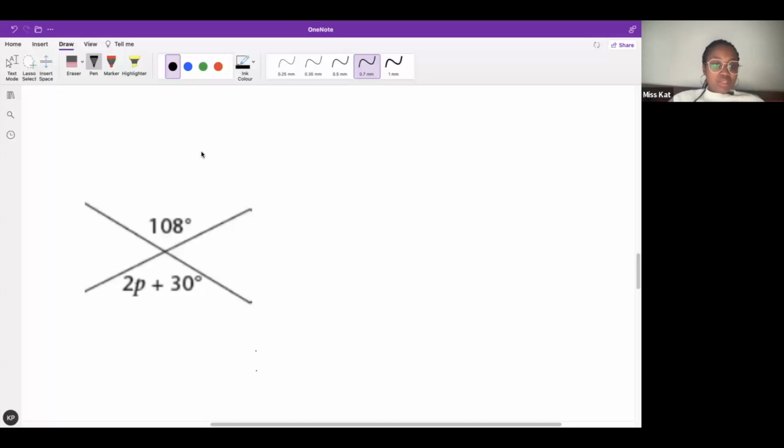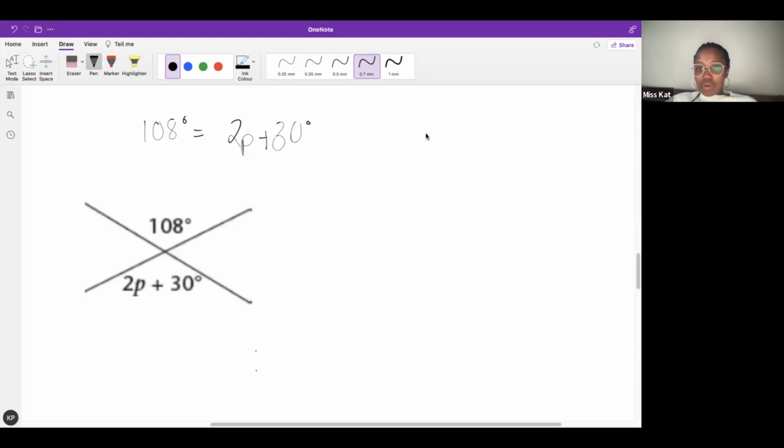People are skipping my first step. Okay, well, that's the second step, but we're getting somewhere. So we start by saying 108 is equal to 2p plus 30. That is the first step, okay?